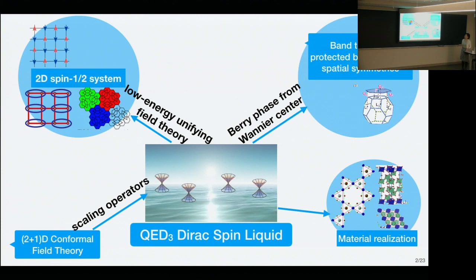And this Dirac spin liquid is believed to provide a low-energy unifying theory for 2D quantum magnets, both on the bipartite lattice, such as square lattice, or non-bipartite lattice with geometric frustration, such as triangular lattices.